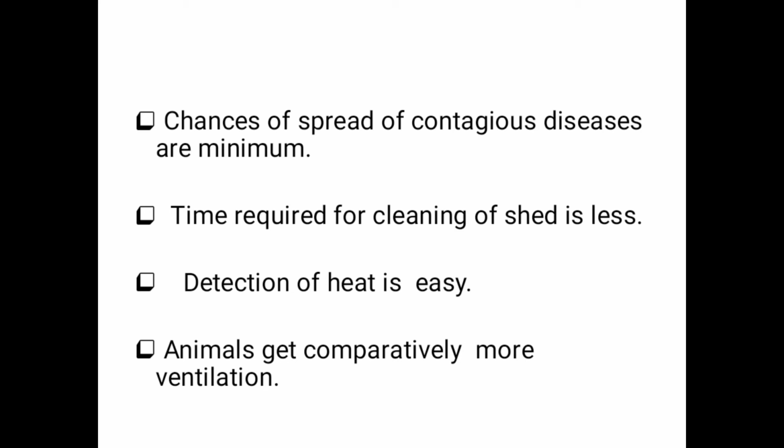In the tail to tail housing system, the heads are not facing each other, so the direct contact is not there. The mangers are separate, they are facing out. That is why there is neither direct nor indirect contact, and that is why the spread of contagious diseases is not at a faster rate.